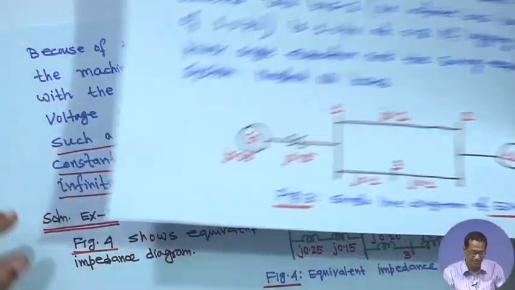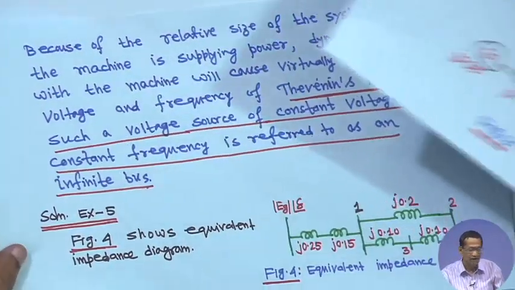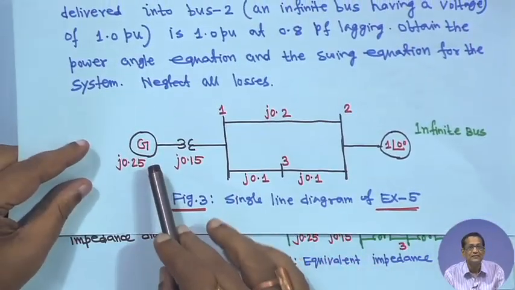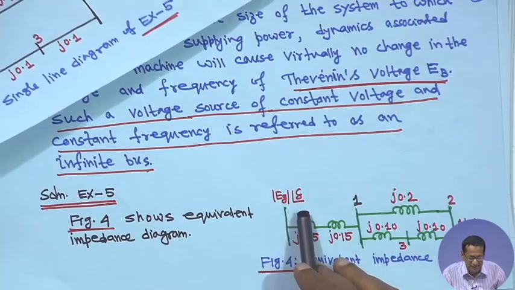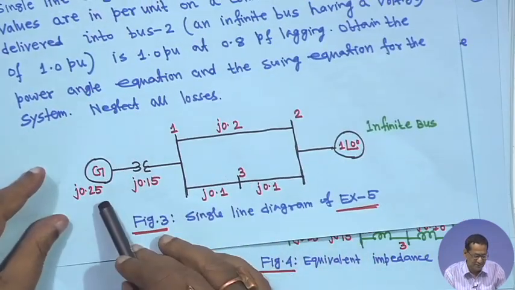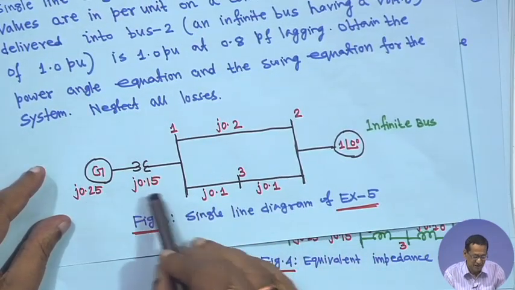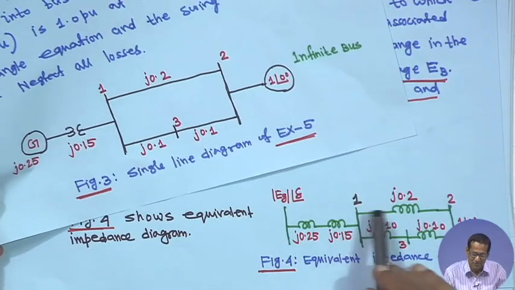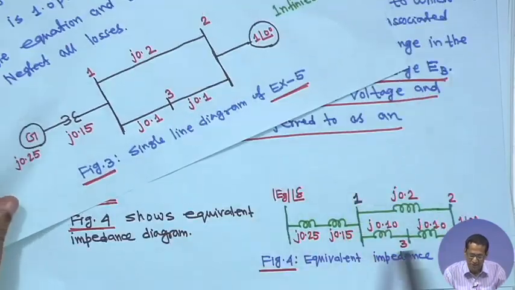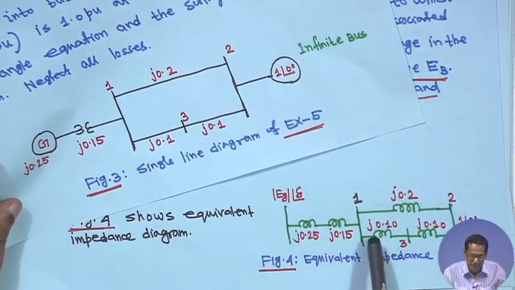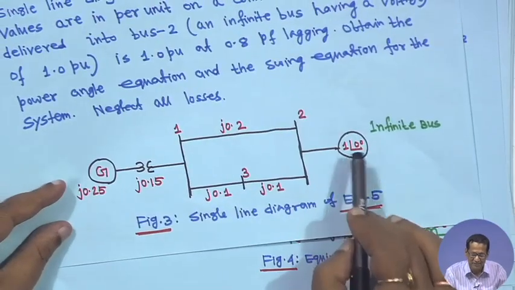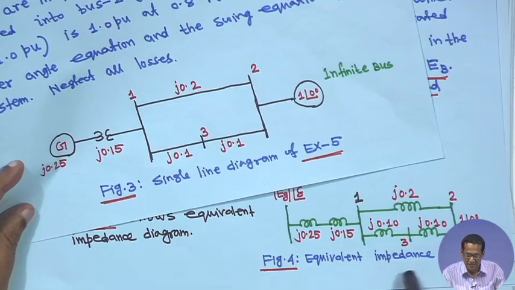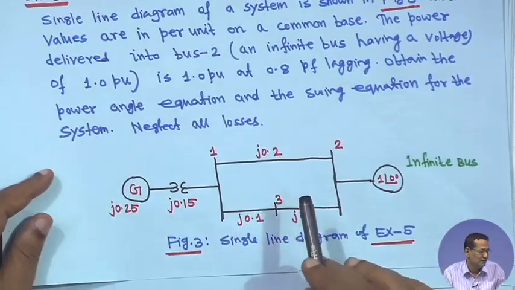If you now make the equivalent circuit diagram, this generator voltage we can write as magnitude E g angle delta, with j 0.25 and j 0.15, then the line 1 to 2 is j 0.2, and 3 to 2 is j 0.1 and j 0.1, and this is the infinite bus voltage, which we are making as 1 angle 0.